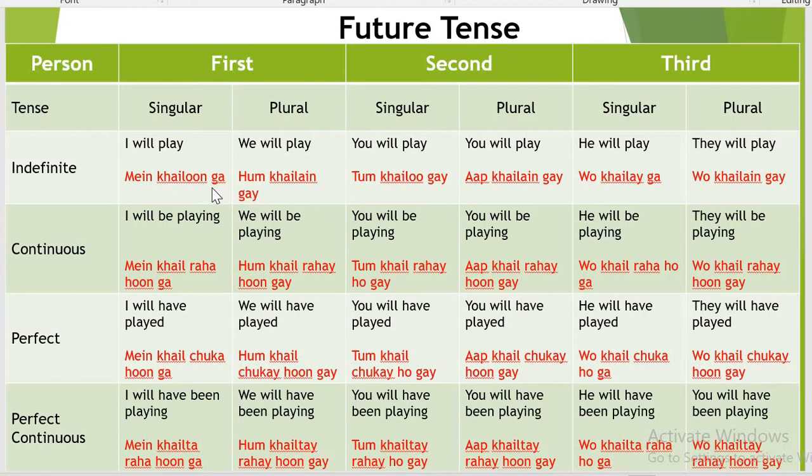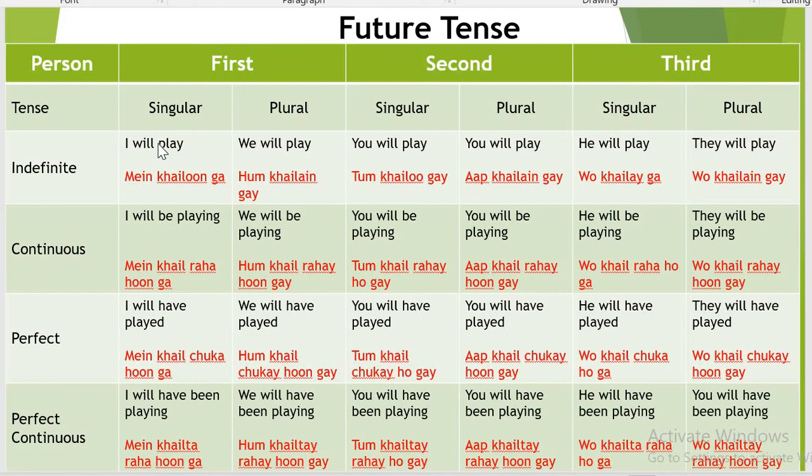Here you can see that the verb has changed to ga and ge. खेलूंगा and खेलेंगे. Or if there was another verb like chalunga, like I'll walk, तो मैं चलूंगा, चलेंगे. But at the end, it's ga, ge, etc.